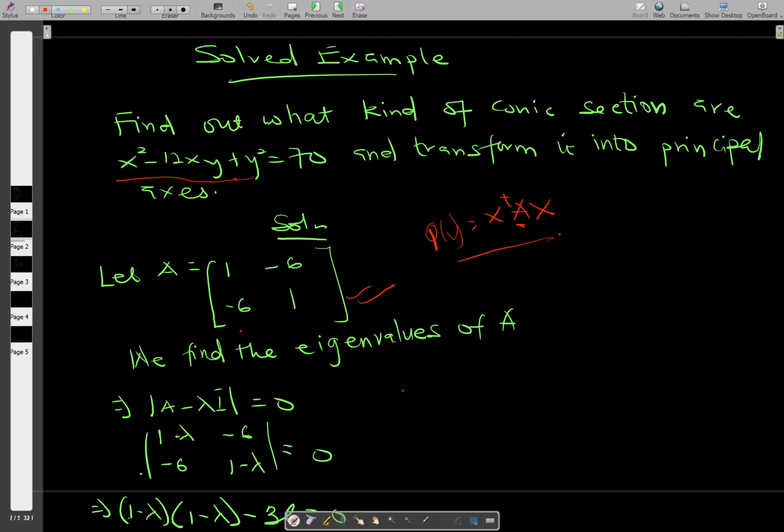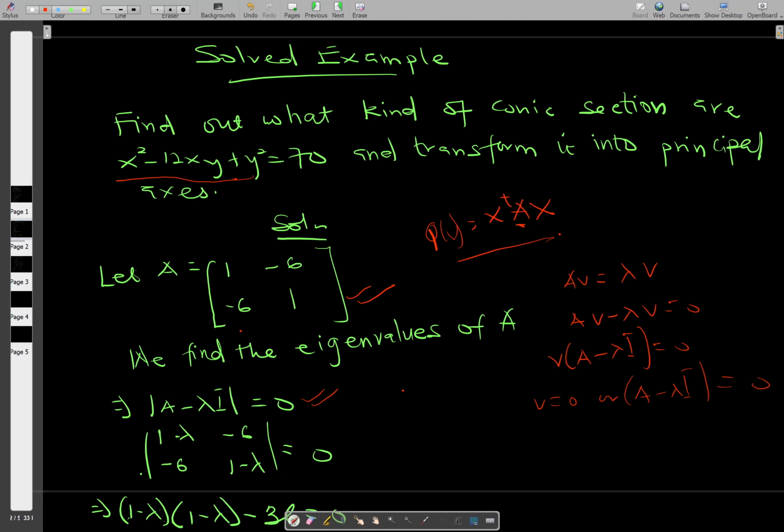Then we find the eigenvalues of A. We use this formula: we have Av equals lambda v. This is the same as Av minus lambda v equals 0. Factorizing v out, we have A minus lambda I times v equals 0. Then either v equals 0 or A minus lambda I is equal to 0.